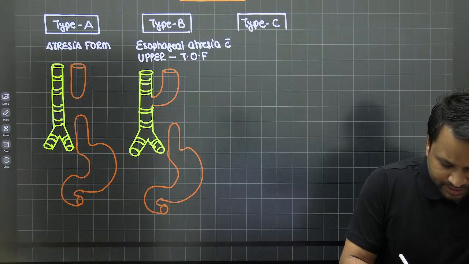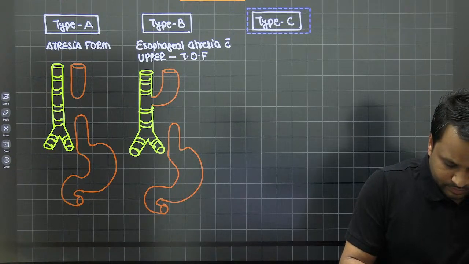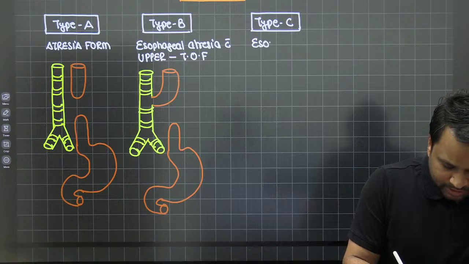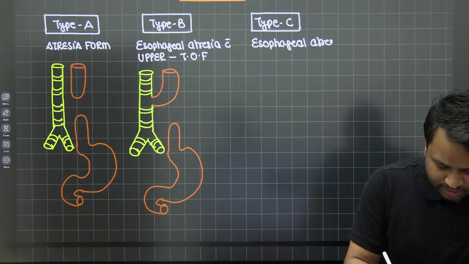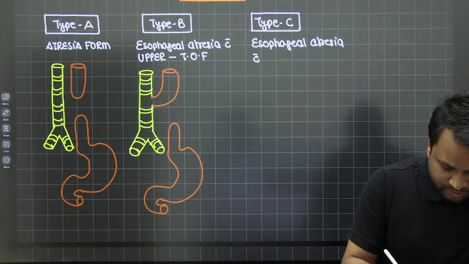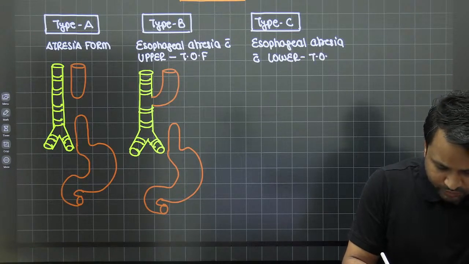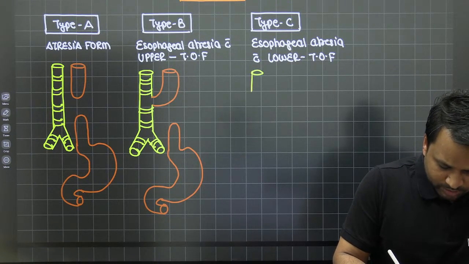Now, in the type C variety, you are going to have an esophageal atresia still maintained with a lower tracheoesophageal fistula. So you have the same component here.